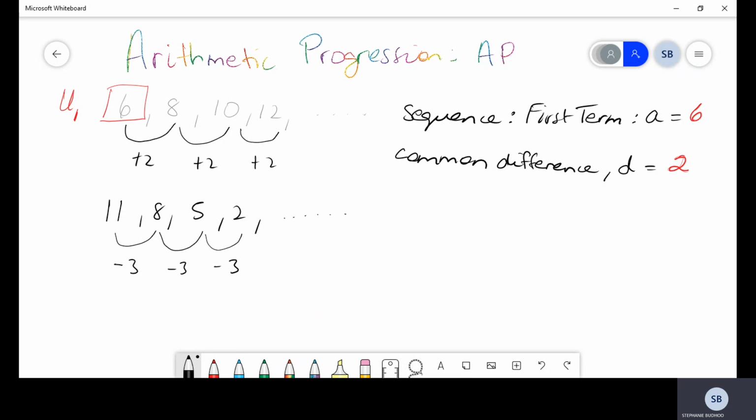Because the decrease is consistent from term to term, this is called an AP as well, except that the common difference is a negative value. For a sequence like this, our value of A, which is simply our first term, is 11, and we have observed a common difference D of negative 3.